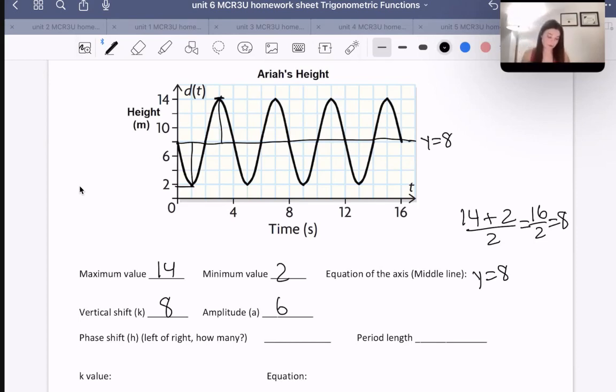Then phase shift. So did we go right or left and how many? Well, again, normally we would start here, right? However, in this one, I would argue that there is no phase shift. And you could argue that there is one, and that would also be correct if you were consistent with the rest of the numbers.